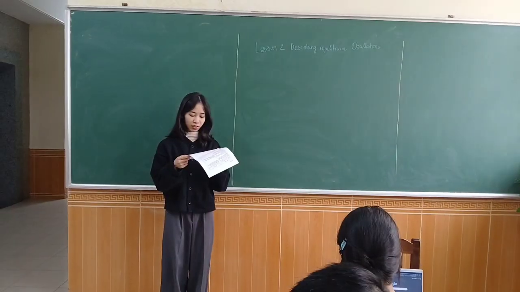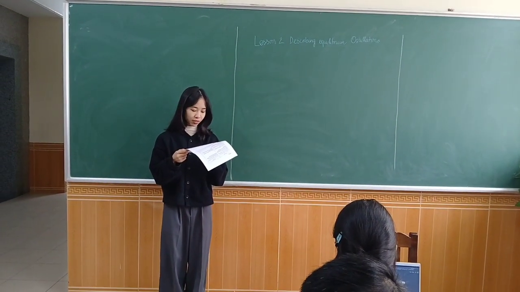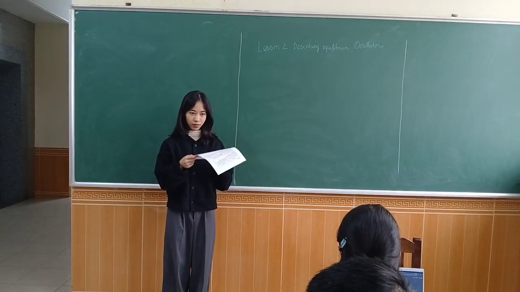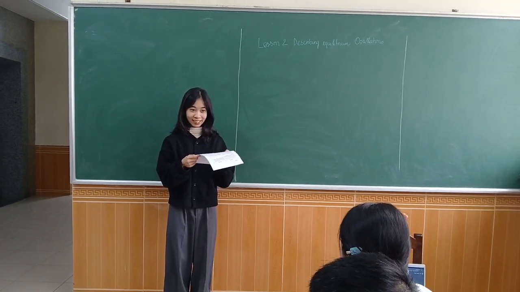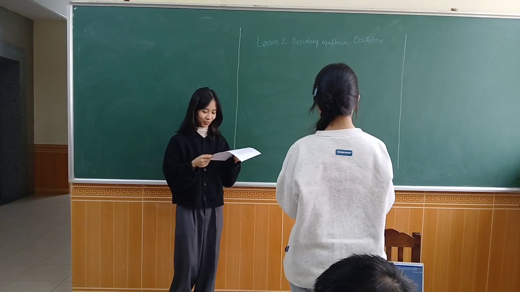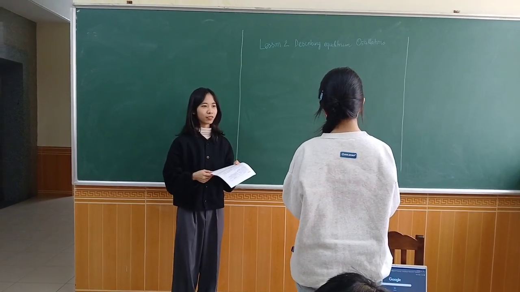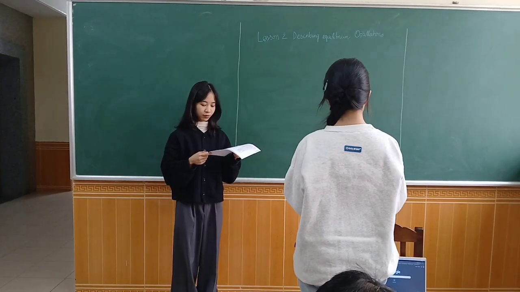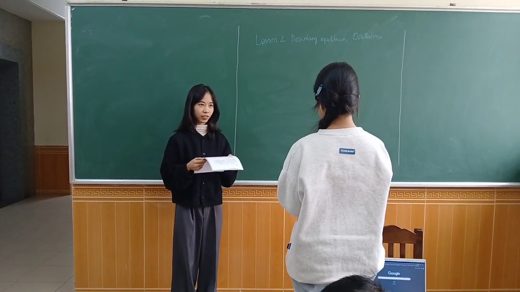Can anyone summarize for the class how to use the tracking function in Capcut 7? Who will volunteer? Yes, Miss Anh. First I have to import the video, open Capcut 7 and load the video you want to edit.